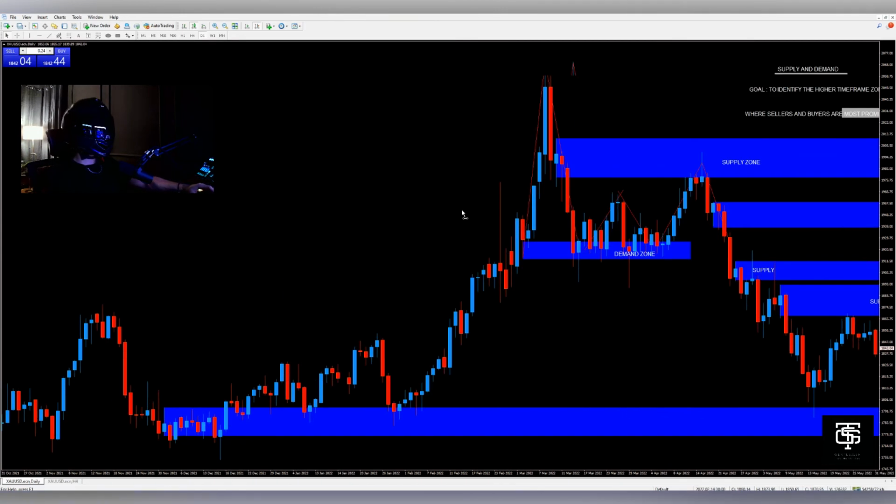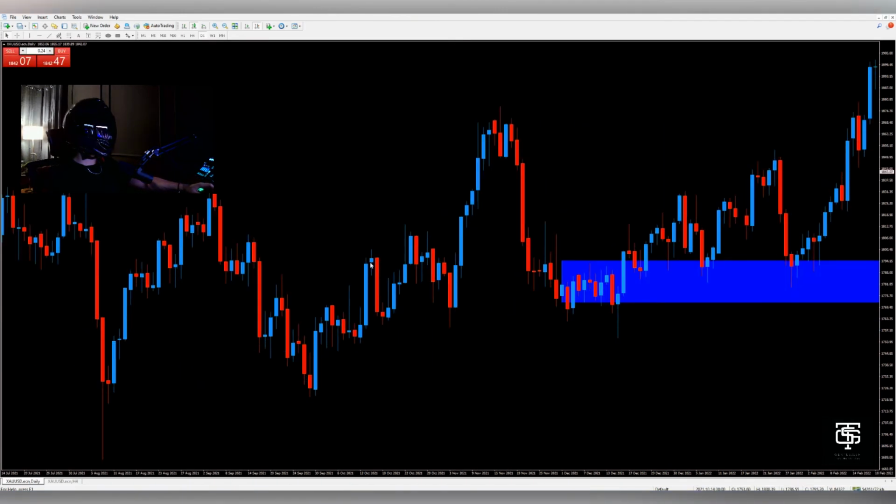So let's go back to gold. Since many of you guys are into gold, for me a demand zone needs to be an engulfing buy to an engulfing buy. Look at this. This is an engulfing buy over here. For those of you who don't know what an engulfing buy is, I will share with you in a bit.